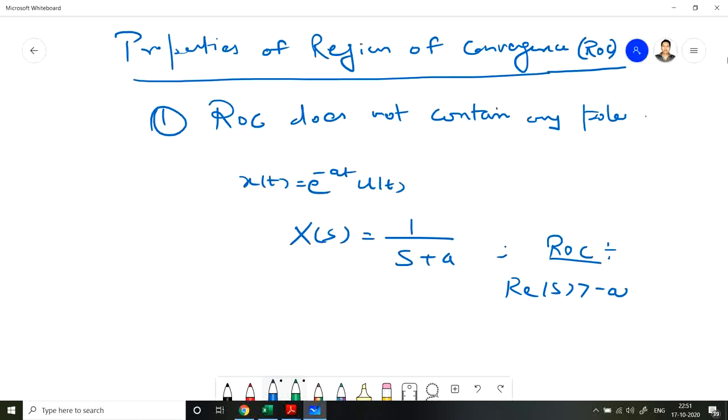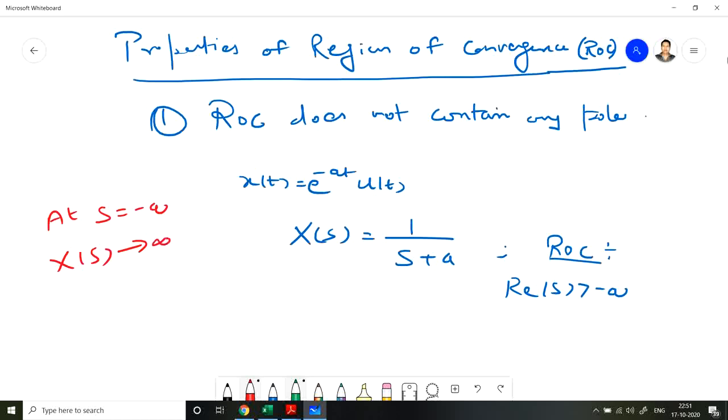So why is the ROC not containing any pole? If we see the expression of X(s), then at s is equal to minus a, X(s) will tend to infinity.